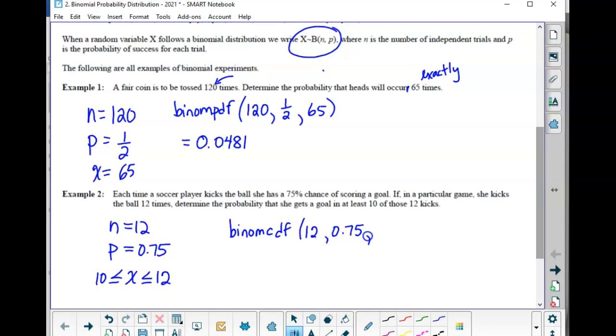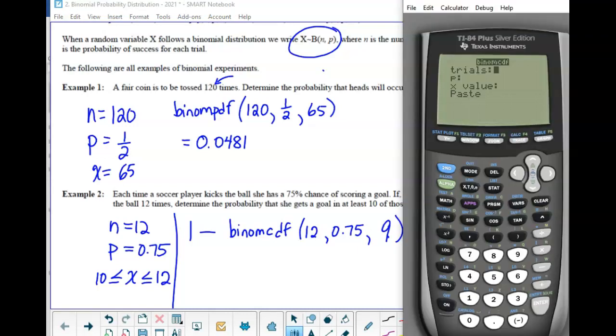So this is going to be cumulative from 0 up to whatever value you put here. So we don't want 0, right? So if we put 9 here and go total probability minus the probability from 0 to 9, that gives us the probability from 10 to 12.